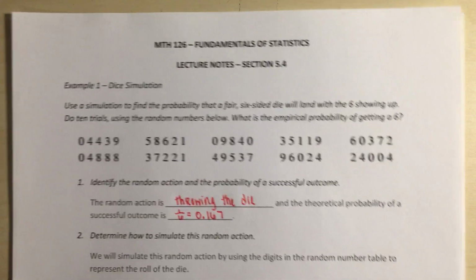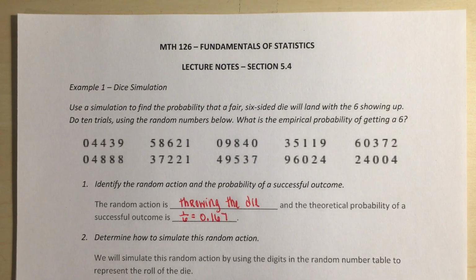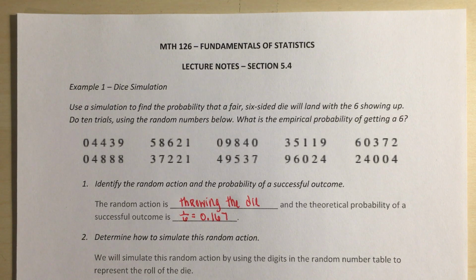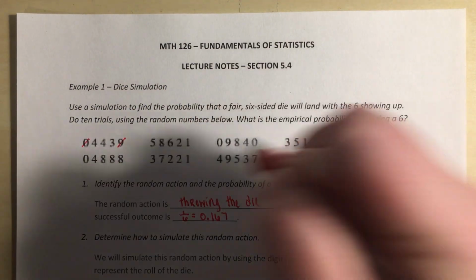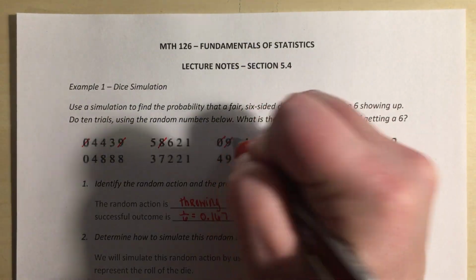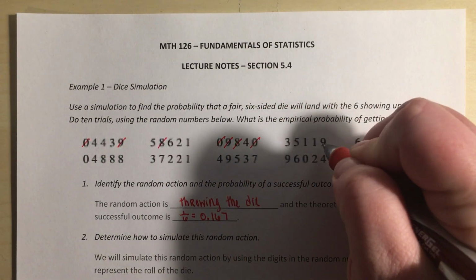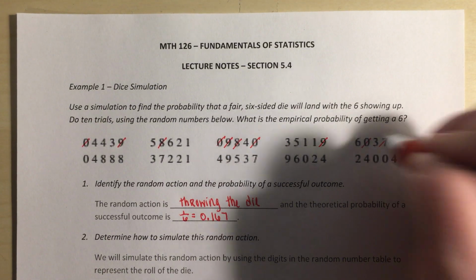So let's look back up at our random number table rows. Remember that we can't use anything that's outside of 1 through 6. So I'm going to start by crossing off, at least in our first line, anything that we can't use. So I'm crossing off my 0s, my 9s, my 8s, and my 7s.